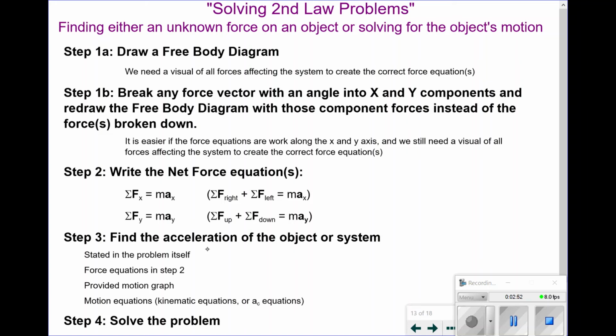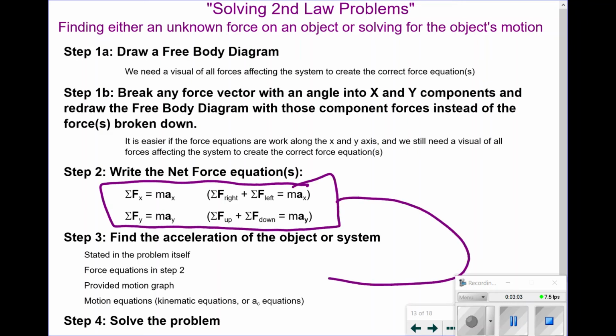And so we will be giving you all of the forces acting on the object as well as the mass, which means you can easily use the force equations to find the acceleration if you're given all the forces as well as the mass.